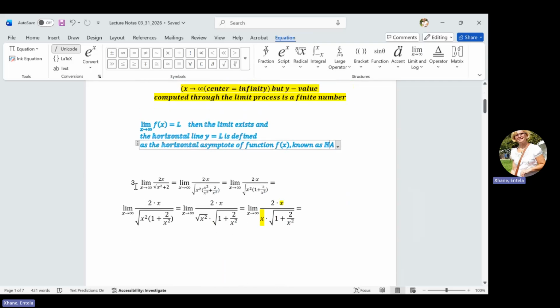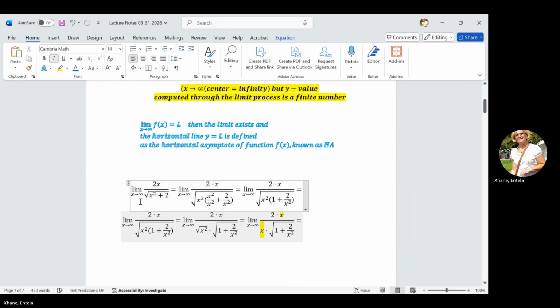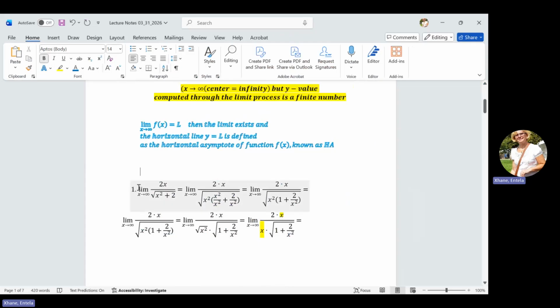So here's case one. So we have the limit of the function as x approaches infinity. So you notice that x now is no longer going to a center that is a finite number, goes to infinity, of the ratio 2x over the square root of x squared plus 2. So this is our function f of x. So function f of x in this case is given.